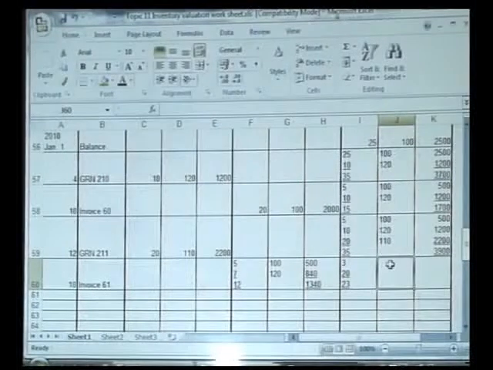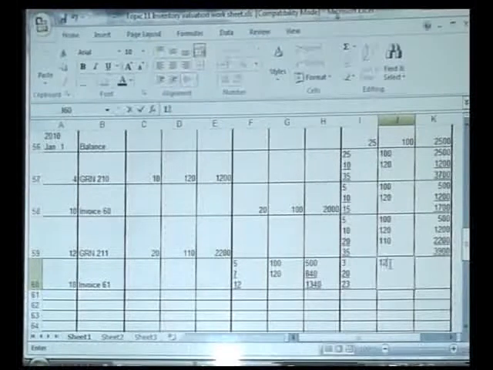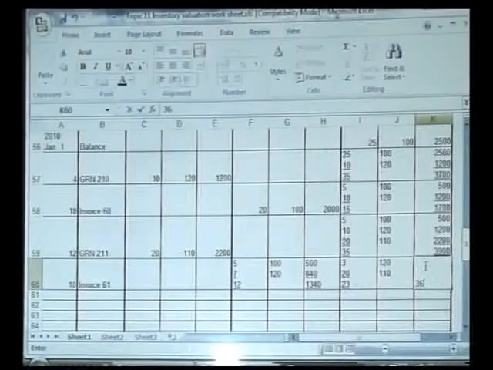Then 3 out of 10, therefore old stock 120, and 20 at 110, 360 and 2200, total 2,560. That is the value.